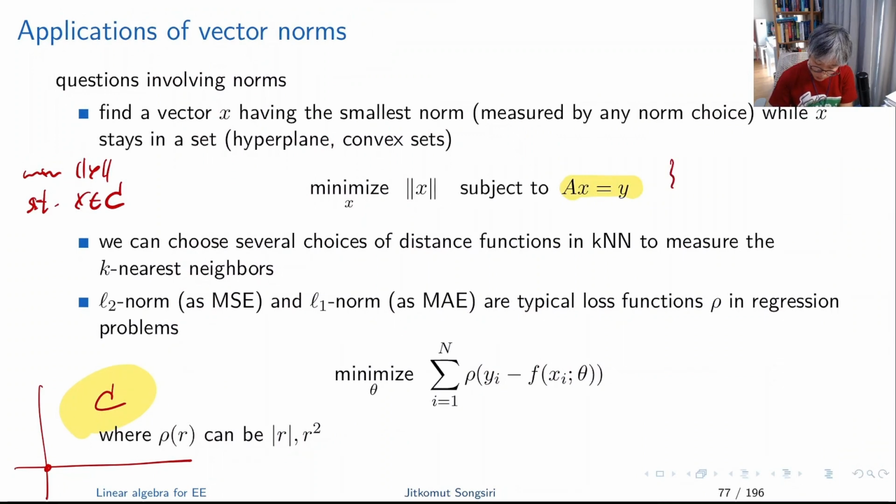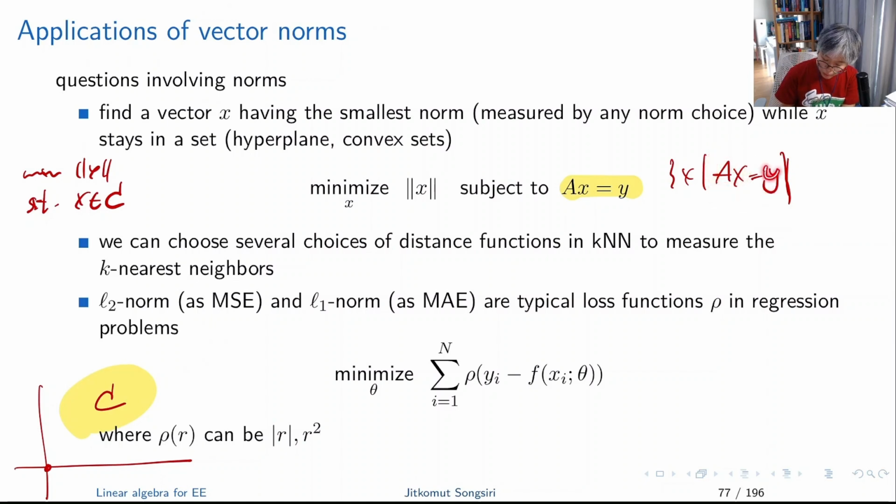All right, if my set C happens to be the set where Ax equals y, it has a lot of meaningful interpretation here. It means that your variable x makes this term a linear approximation to y.